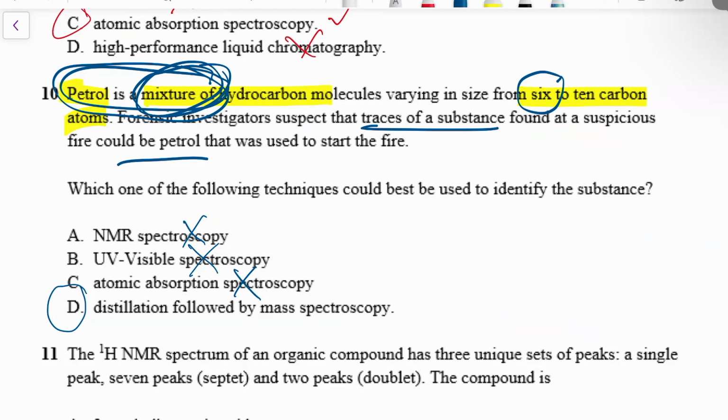And what does mass spectroscopy do? It gives you the molar mass. And is that useful in this case? Would we get different readings for the different components that we've separated, or would they all have the same molar mass?